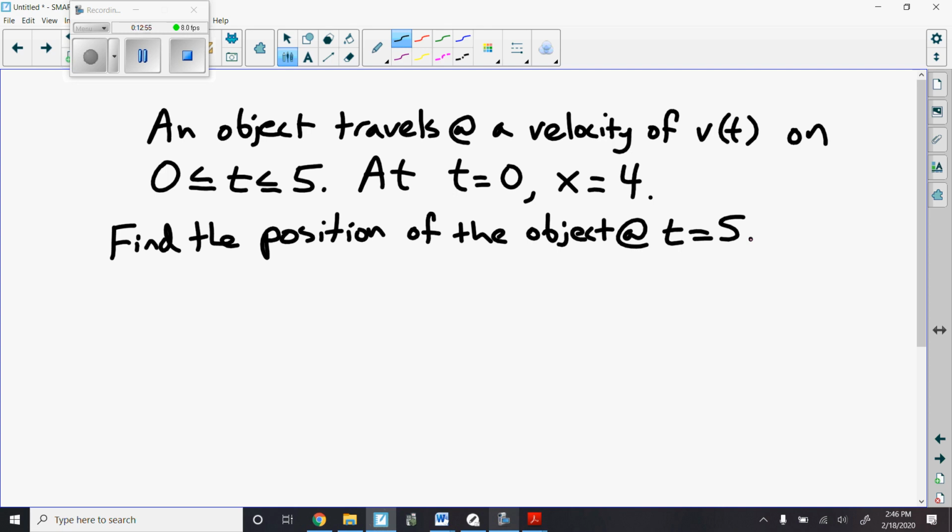They might say, find the position of the object at t equals 5. So I want to know, where is that object located at time t equals 5?